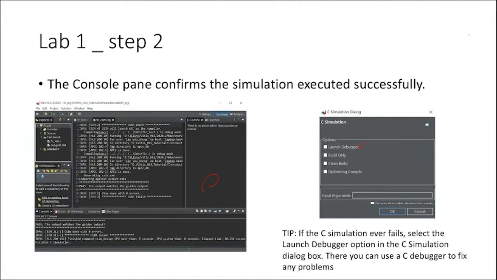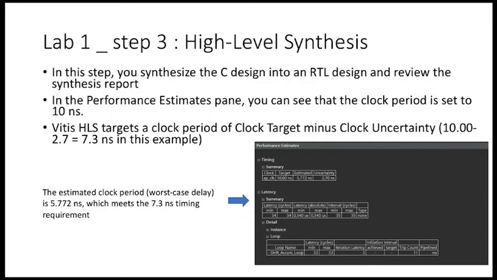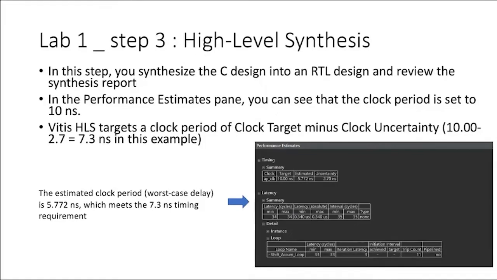And step three is high-level synthesis. In this step, we will synthesize the C design into an RTL design and review the synthesis report. We can see in the performance estimate pane that the clock period is set to 10 nanoseconds. In this case, VTIS targets the clock period of clock target minus clock uncertainty.